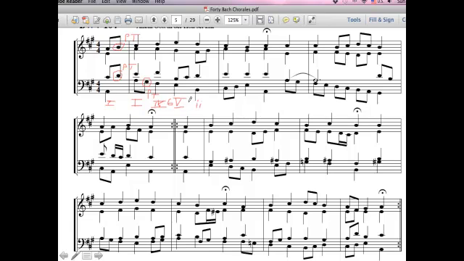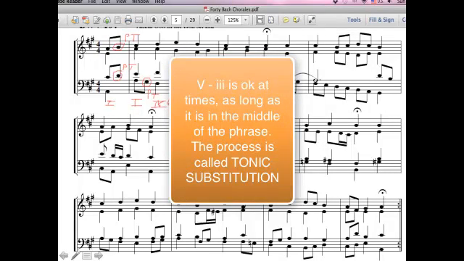Well, 5 doesn't go to 3 as much, except that it does. Very, very rarely, okay? And this is something that I haven't talked to you about in class, so if you're watching this video, you're getting some bits of knowledge here. Sometimes the 5 to the 3 will happen in the middle of the phrase where 3 sort of replaces the 1 for a little bit.